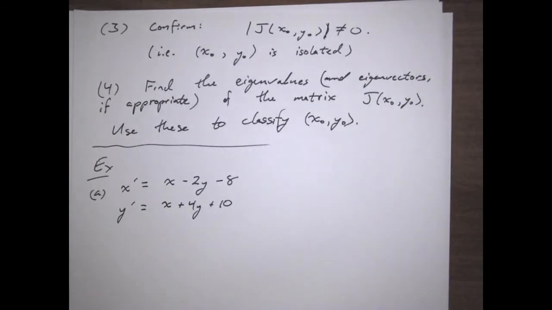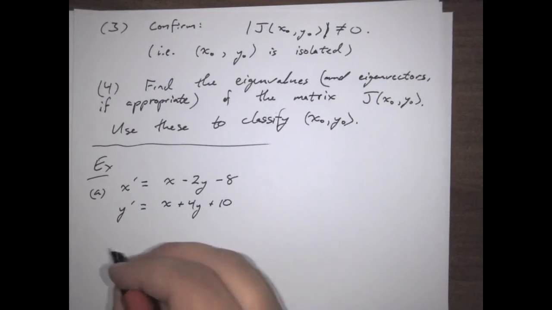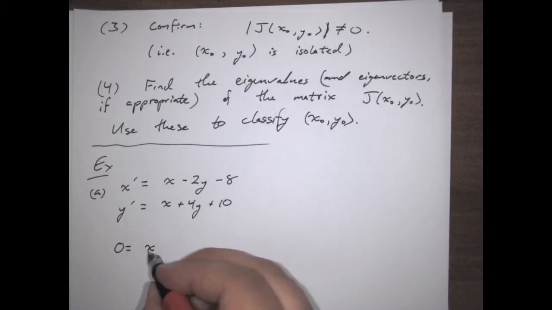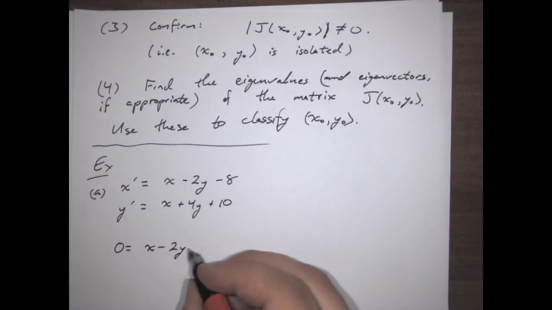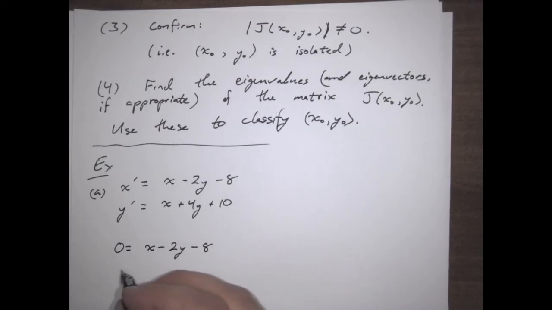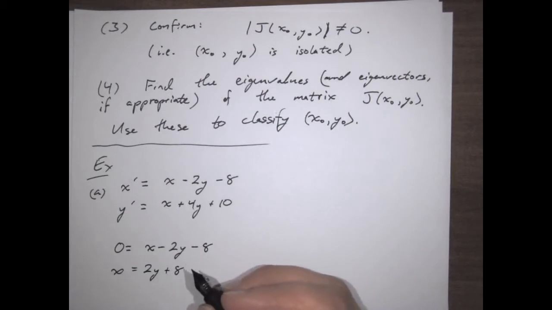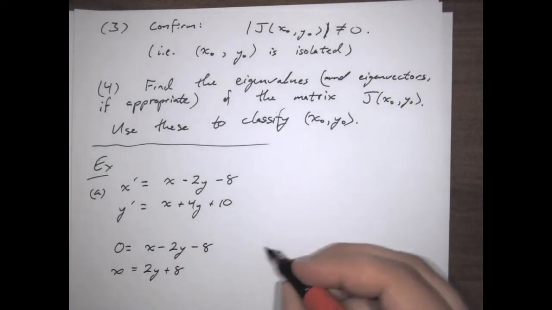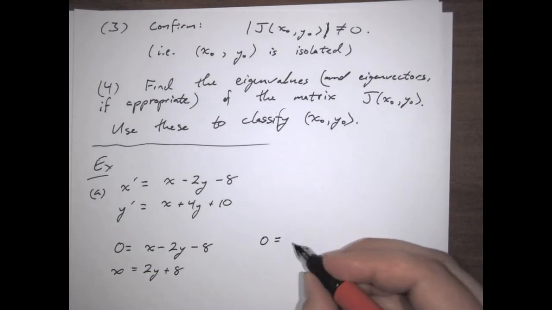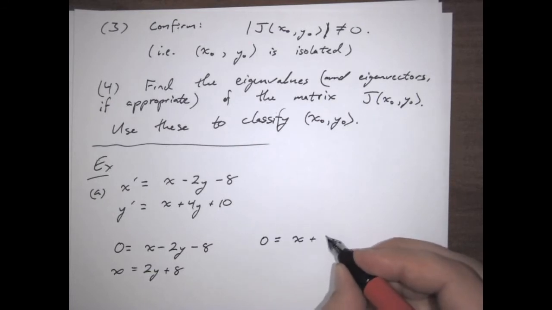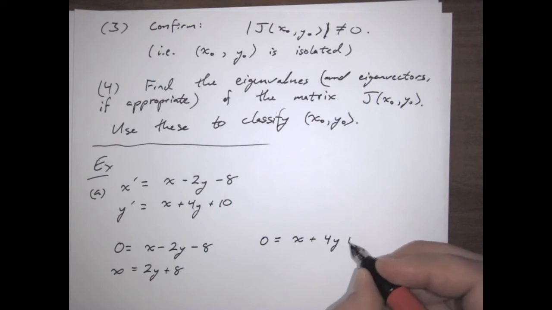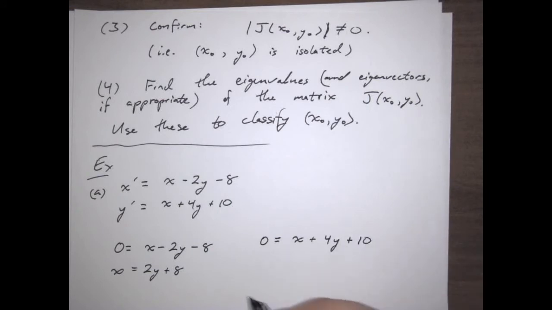Okay, step one, we have to find the critical points. So 0 equals x minus 2y minus 8 would imply, for one thing, that x equals 2y plus 8. Just moving things over. And then 0 equals x plus 4y plus 10, so that would be the y side of things.